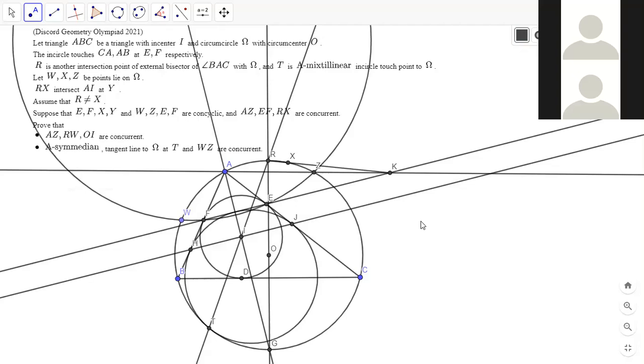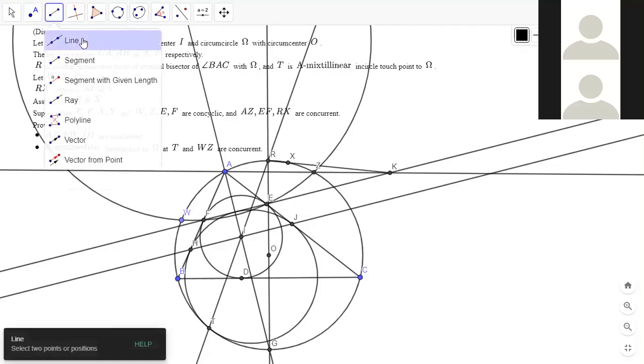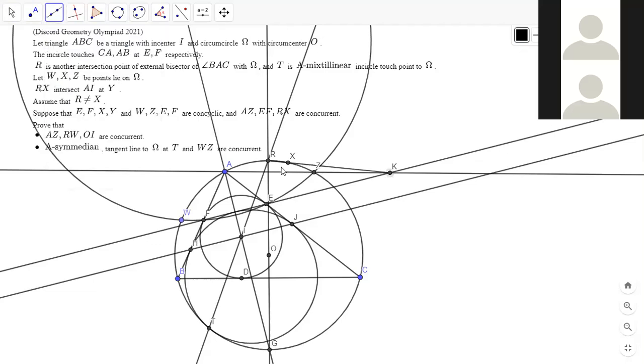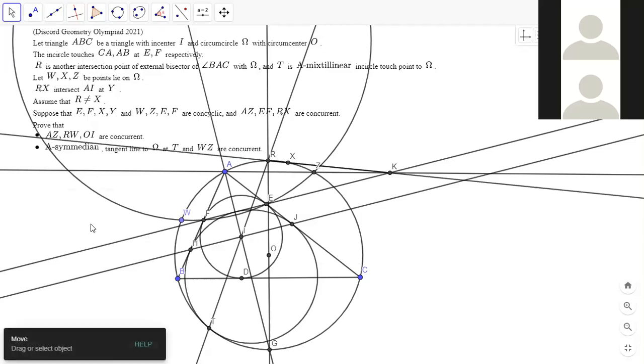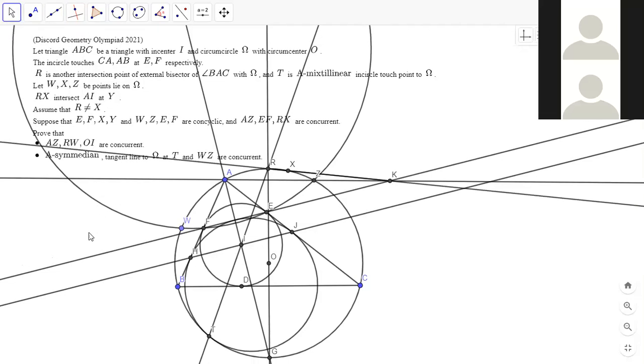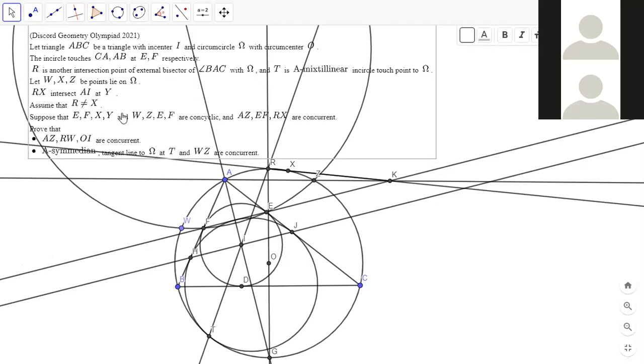And then we have EFXY is cyclic. So Y is easy to draw. It's the intersection of RX and AI. You can first draw Y. Oh yeah, you're right. I can first draw Y. So that is going to be point Y right there.